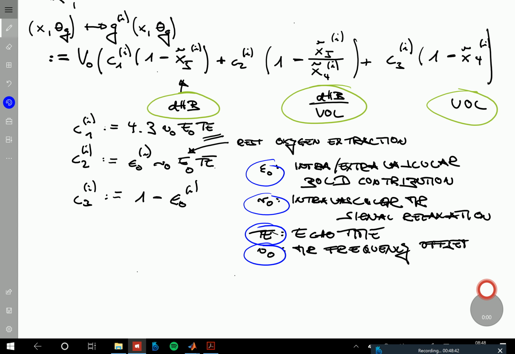So it does this kind of biological-physical imaging process coupling.